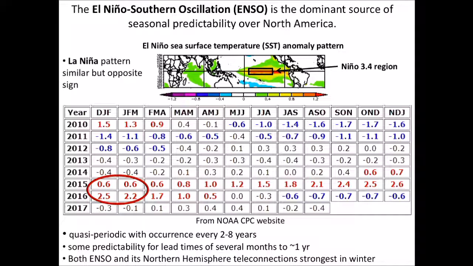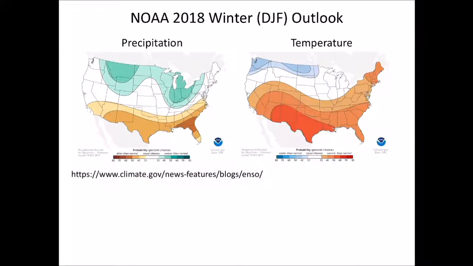Just to drive home how ENSO is such a strong force in our seasonal predictions, here I'm pulling up the NOAA 2018 winter outlook for precipitation and temperature. These are plots I pulled from the climate.gov ENSO blog, and I just thought I'd plug this since I'm one of the bloggers now on this site.